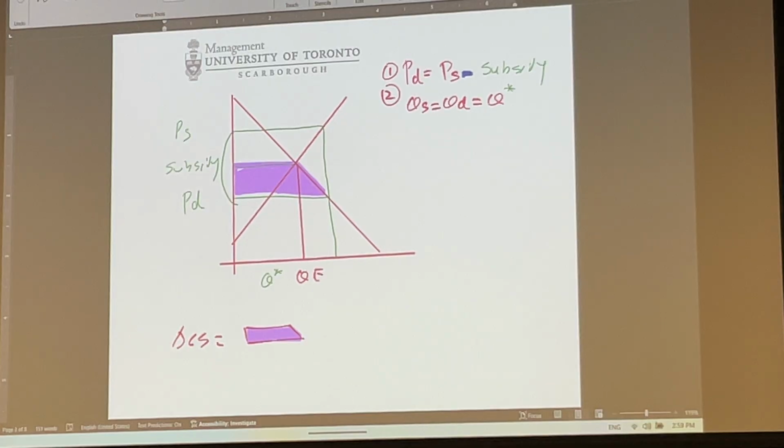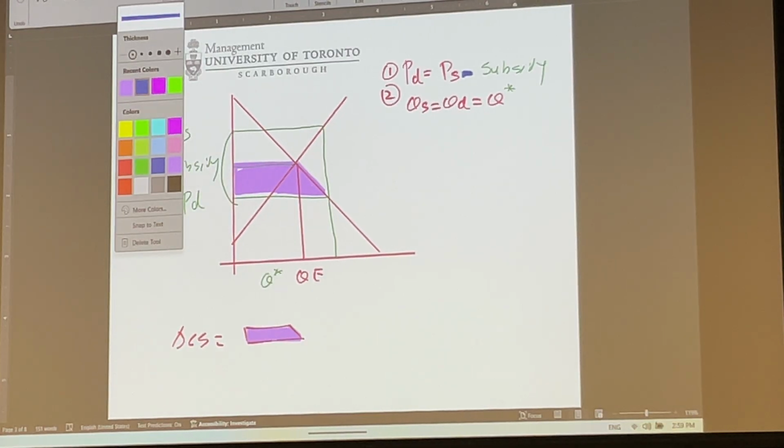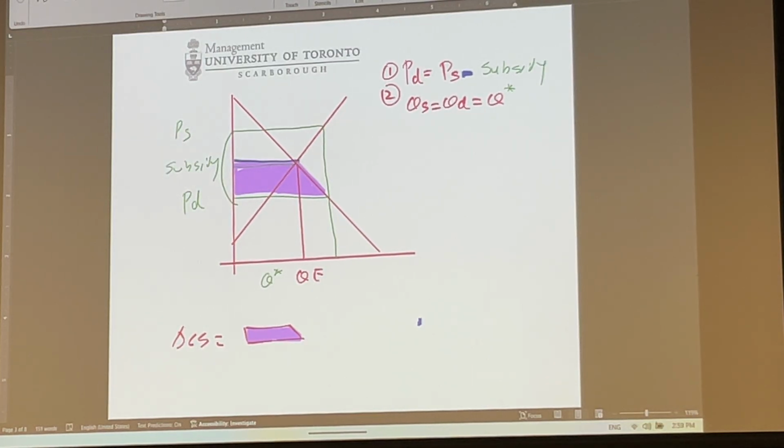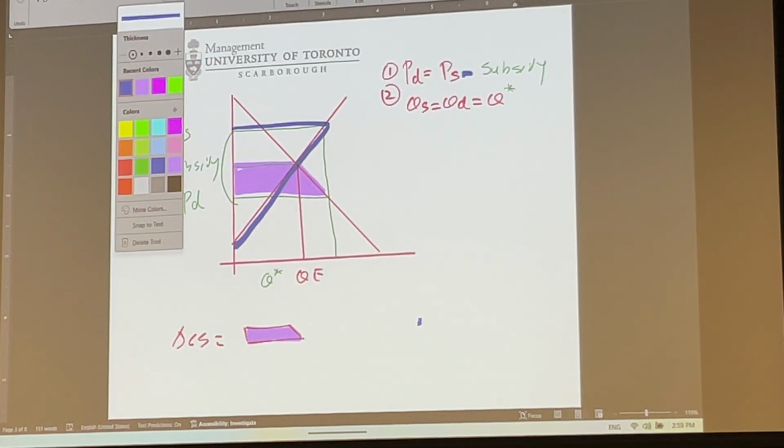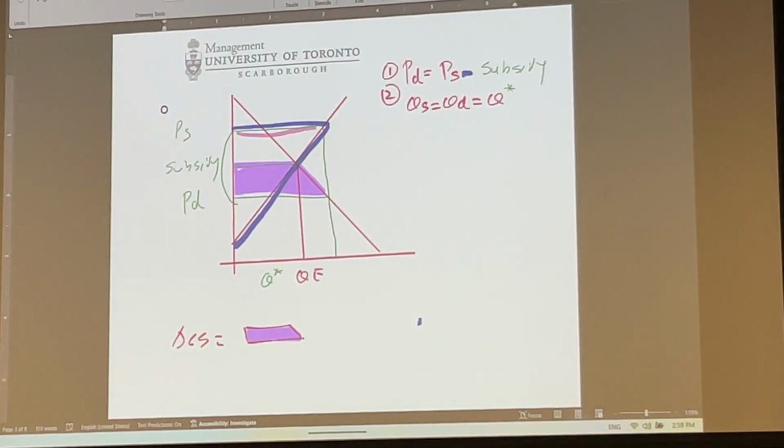Okay. What about the producer? Producer surplus before was this. Now it is this. So the producer gain would be this area.